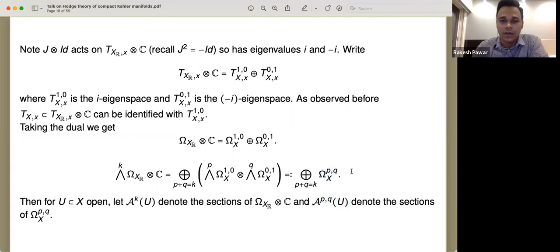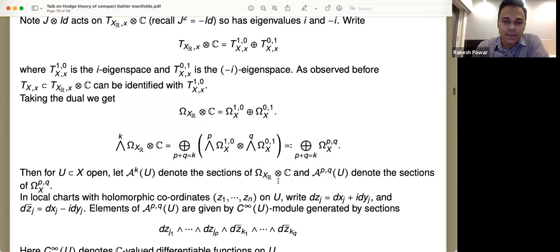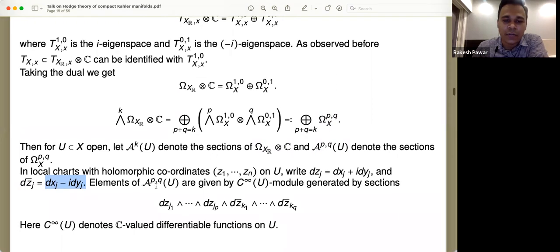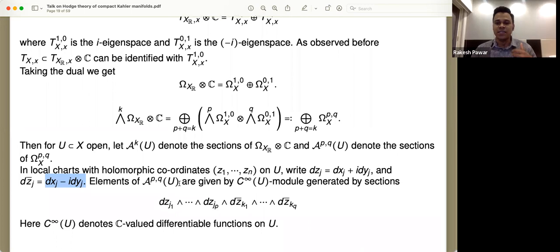Okay. Now in terms of coordinates, in local charts, what do we do? So let's say coordinates z_1, z_2, ..., z_n on U, and let's write dz_i as dx_i plus i dy_i and dz_i bar as this, and you can write down the elements of A^{p,q}(U). These are exactly C^infinity(U) modules.